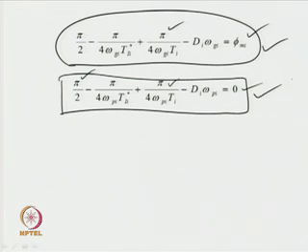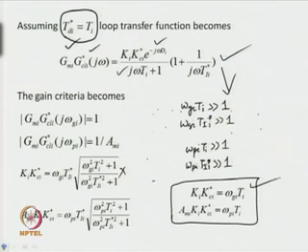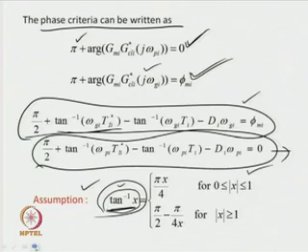Earlier we got two equations for the gain criteria. Using the gain criteria, we have obtained two simpler equations, which are shown here. So, making use of the four equations, four unknowns can now be estimated. What are those four unknowns?